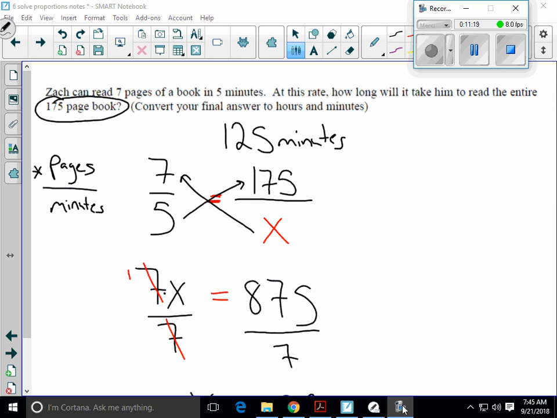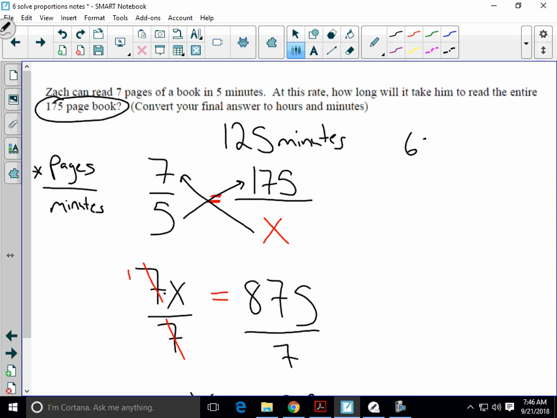Okay, this question is asking for hours and minutes. Well, 60 minutes is 1 hour, right? So another 60 minutes, that would be 2 hours. So that's 60 plus 60 is 120. I would need 5 more minutes to get up to 125.